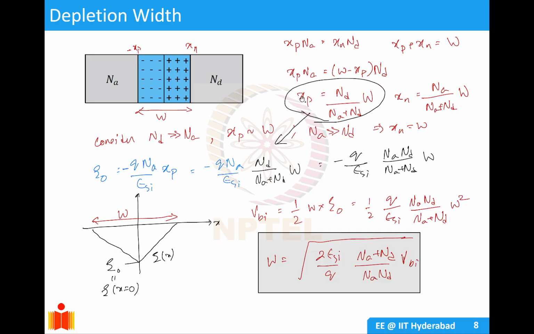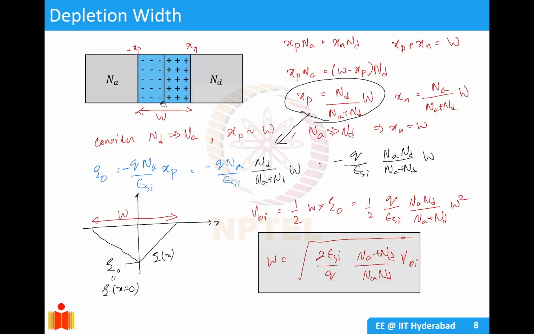So ND and ND cancel out, and XP will be approximately equal to W. So we can say that XP is approximately equal to W if ND is greater than NA. The doping here is much larger than the doping here.